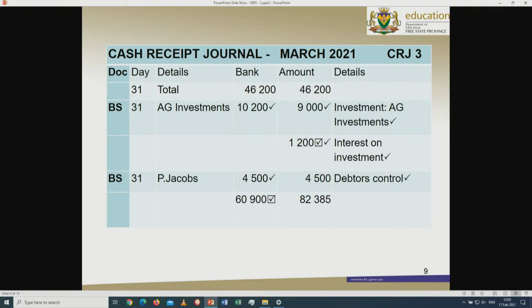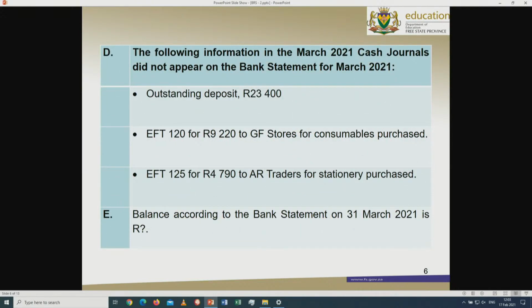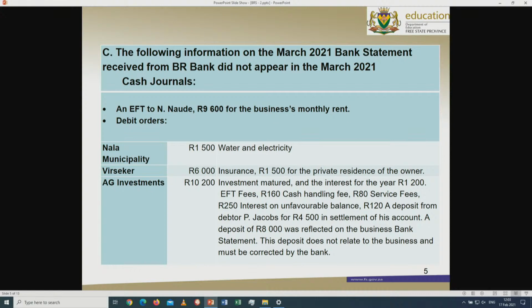All right, so we have 1,200, which is part of the interest. Remember, 10,200, according to the information, the 10,200 was paid, but for two things. We received 10,200 for the investment matured and the interest of 1,200.